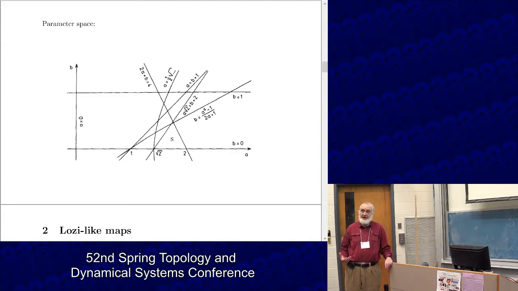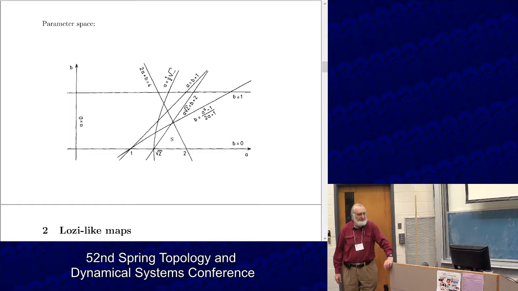But on the other hand, if you look at the Henon map, then you don't have any kind of special points where the direction is changed.